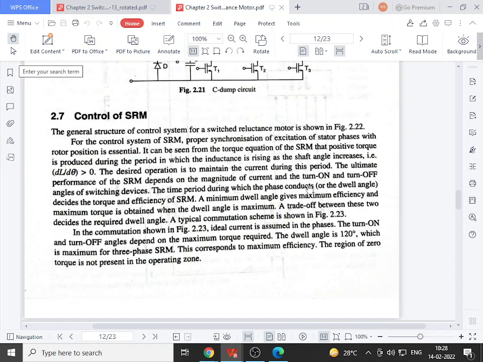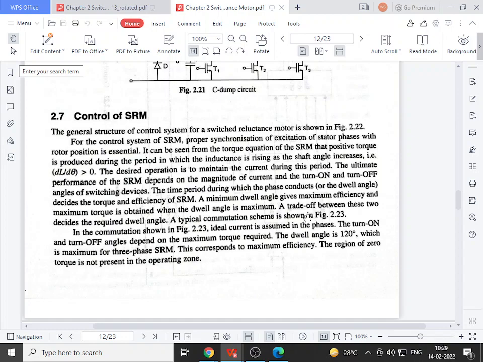So we are only going to study the general strategy of control in this particular lecture, and in the next 2 lectures we are going to discuss actual control circuits, that is either microprocessor based control circuits or sensorless control circuits of SRM.